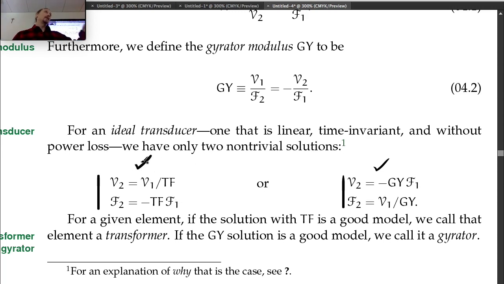If so, we call it a transformer. If the physics work like this, we call it a gyrator. So there's really no deeper definition than just that. That's the significance of the terms that we use.